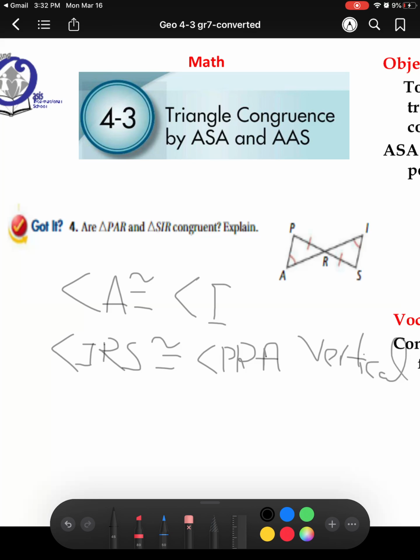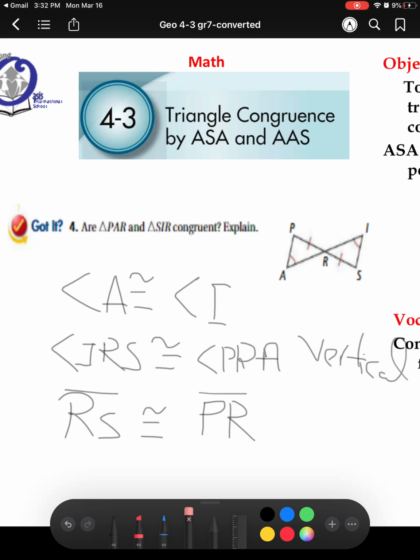Now, the side in here is RS. RS is congruent to PR. Now, I need to make sure that my side is going from the same congruent angle.